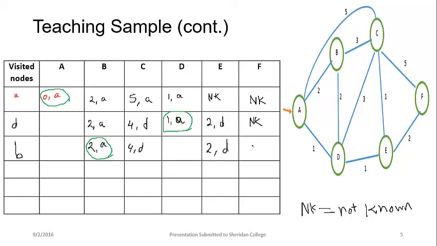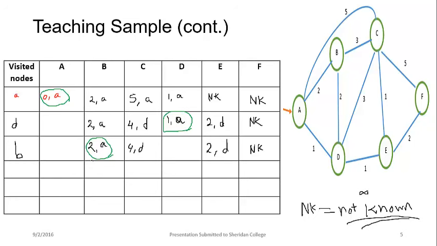Okay. Then from B to F, again, not known. I keep it as it is, not known, which is kind of infinity. So you can say this one is infinity. Not known means infinity.